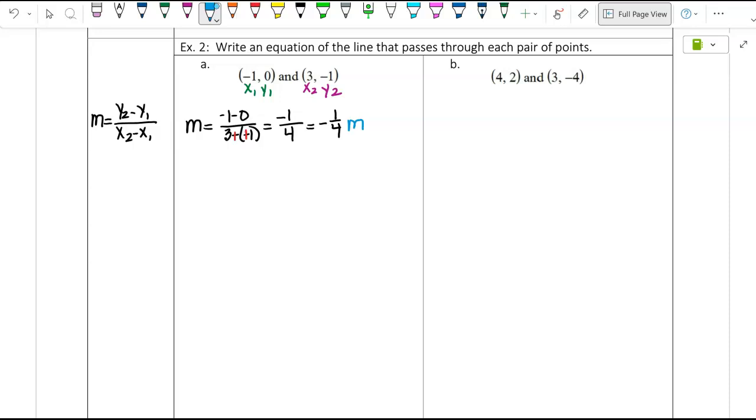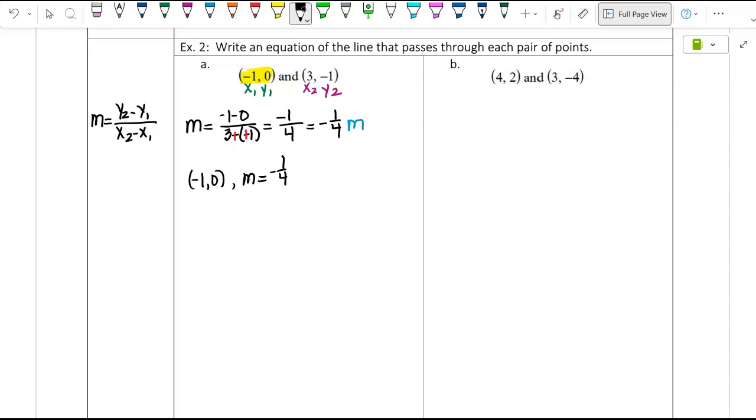And then we can use one of the points. I'm going to use the first point. So now we're back to what we just had in the previous problem. We have a point of -1, 0, and we have a slope of -1/4.